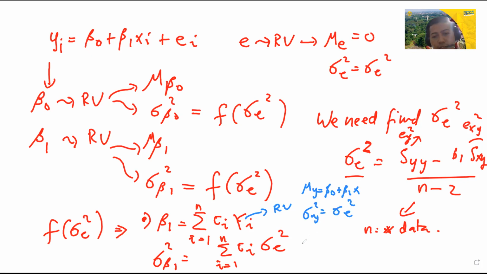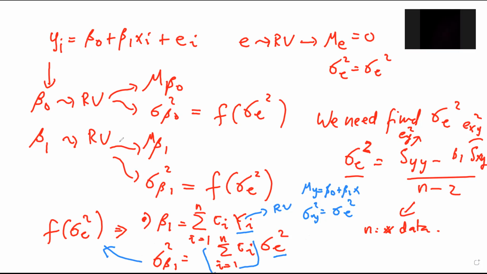Because beta1 is a function of Y, the standard deviation of beta1 also equals the standard deviation of error multiplied by this function. That's why we can write it like this, as a function of standard error. Oh, okay, sir. Thank you.